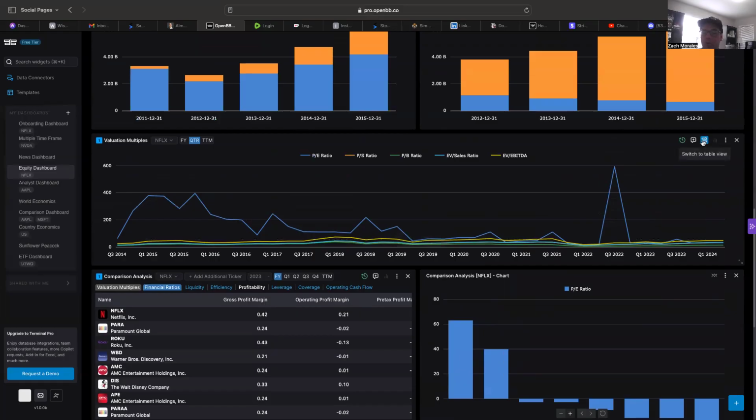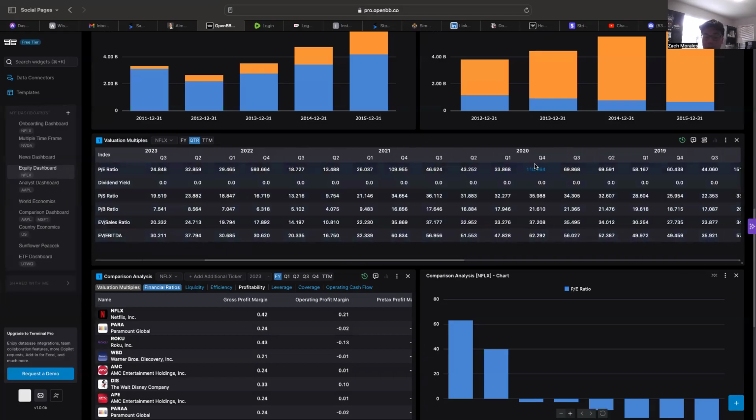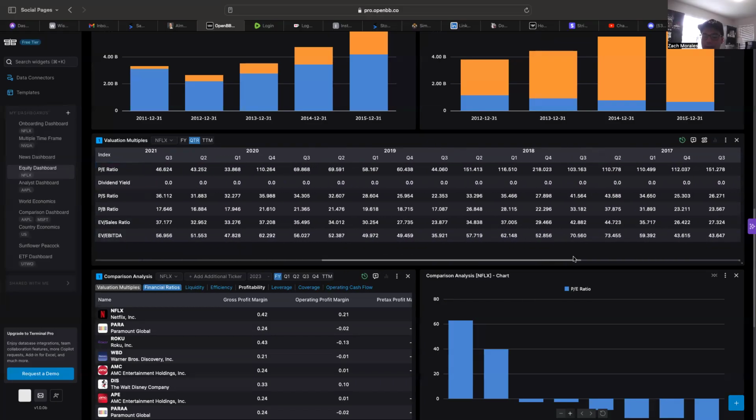If we were to come in here a little bit and take a look at the PE ratio for Netflix, we can see that there were some times in 2021 where the PE ratio was really, really elevated, 110, 69 back into 2020, 110. There are these periods where the PE ratio gets very, very high on Netflix. So where we're at right now is nothing crazy historically, right?